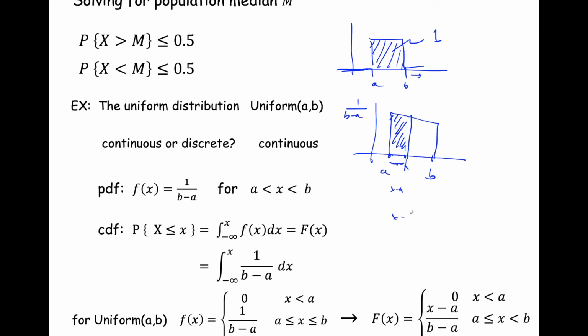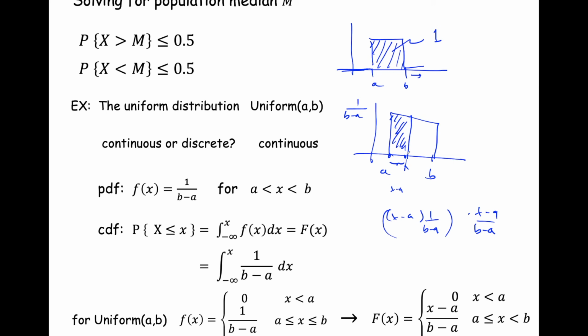So x minus a times 1 over b minus a, that's our x minus a over b minus a. And so this 1 over b minus a is going to be the height of the rectangle. So this is our CDF for the uniform distribution, and we have our density function as well.